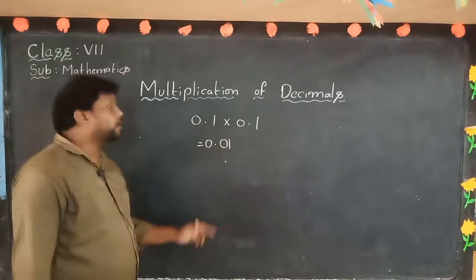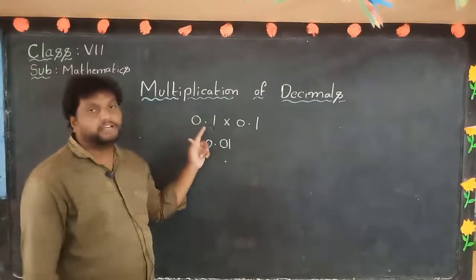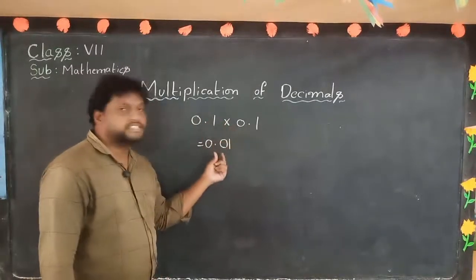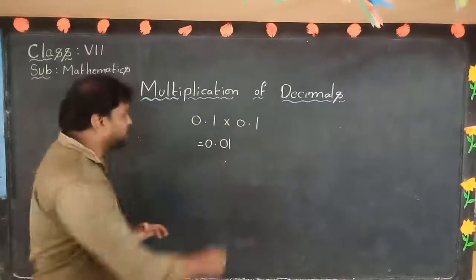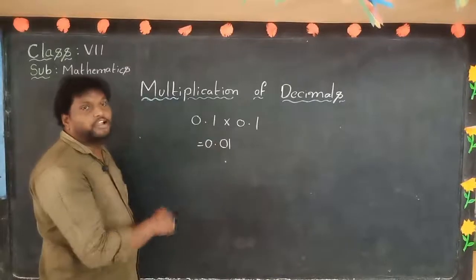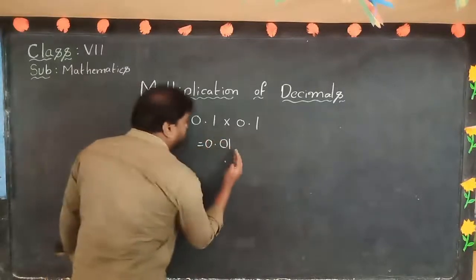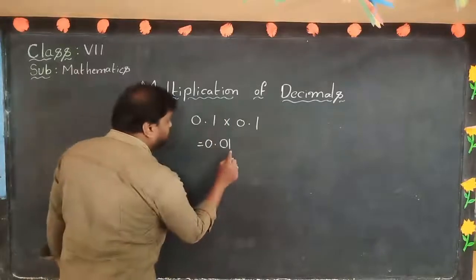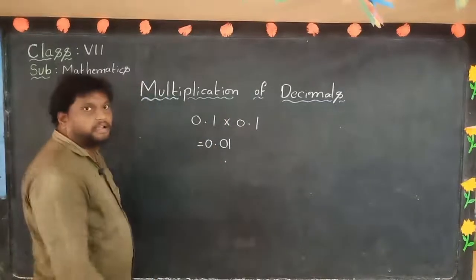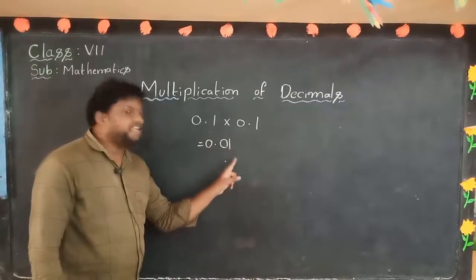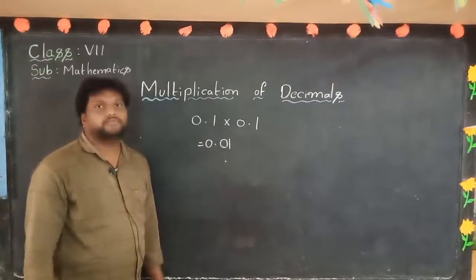After that, count the decimal digits, and arrange that many digits from right to left. Don't be confused, from right to left. Here a total of 2 decimal digits, so 1, 2 before the point. The zero after the point is not valid, but here 1 is there, that's why this is valid.